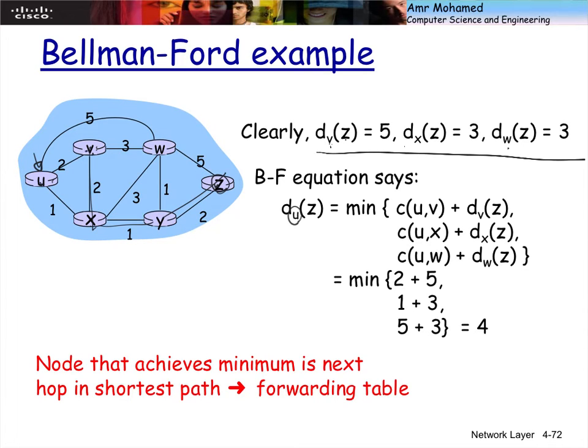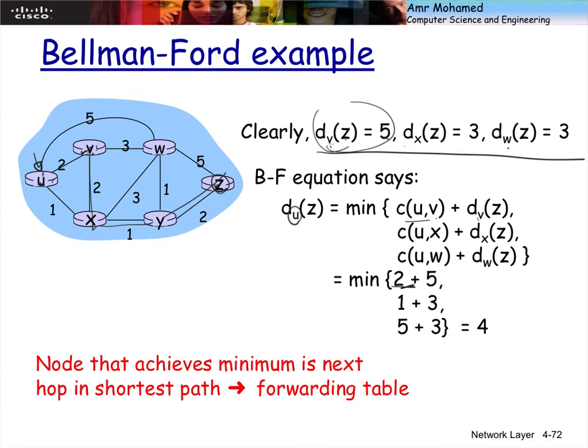So the cost between U and V plus the distance between V and Z. I have the distance between V and Z. So the cost between U and V is 2 plus the distance between V and Z, which is reported from node V, which is currently 5.